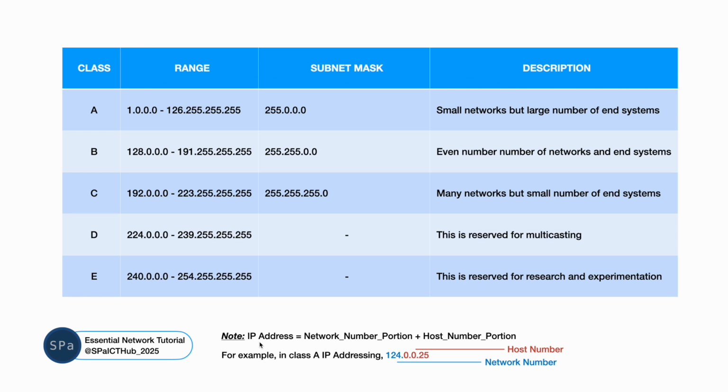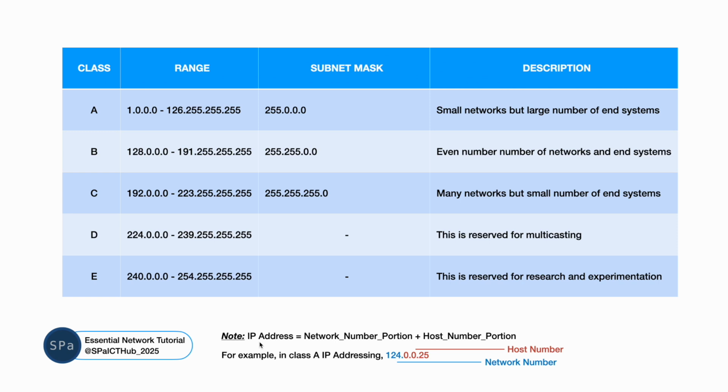Tabulating the IP address classes. This table shows us the ranges of the classes of addresses we have in networking and the descriptions of the individual classes. So we have class A: small number of networks but a large number of end systems.